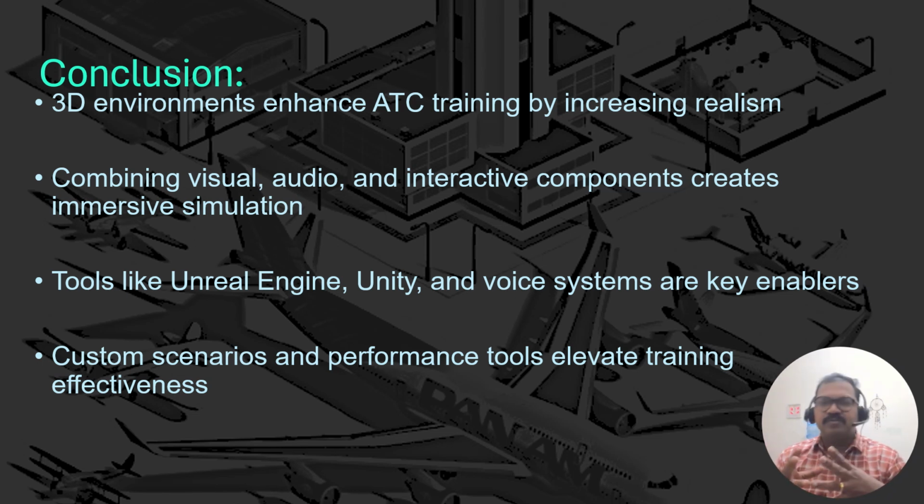Each part works together to create an immersive and lifelike training environment, and how trainee staff react in an emergency or evacuation, in an engine failure or some emergency situation.